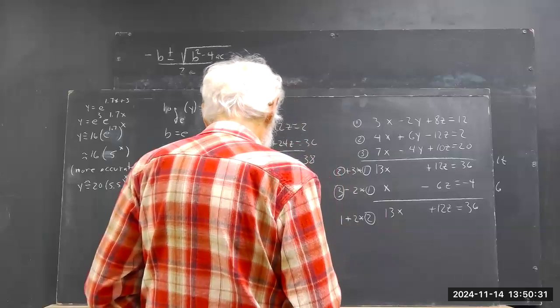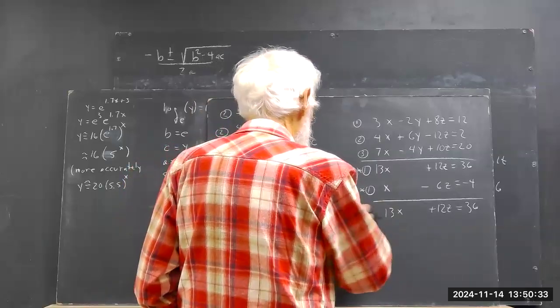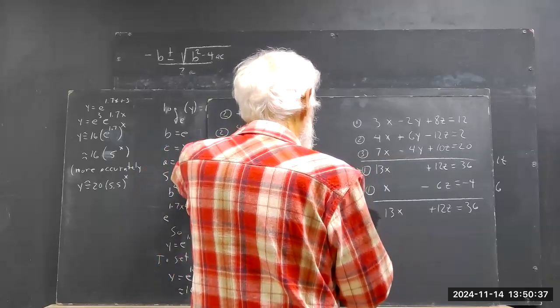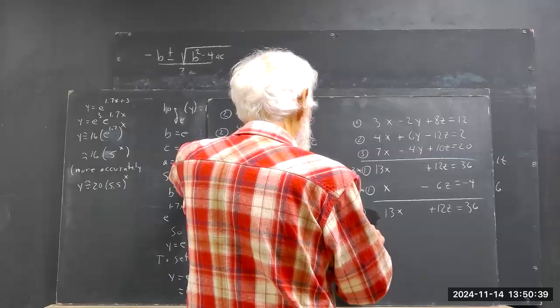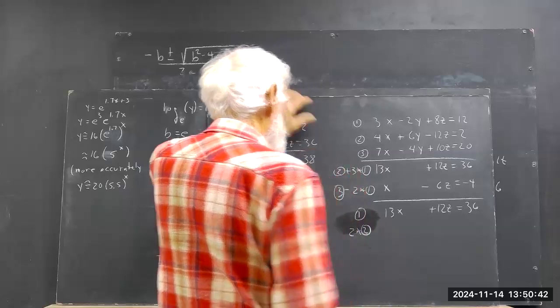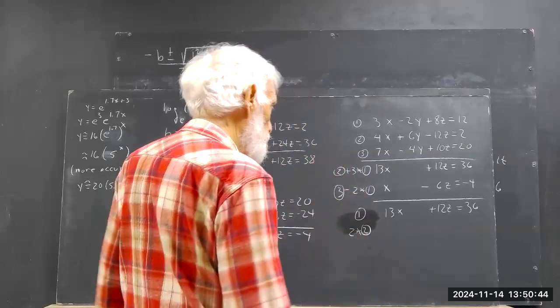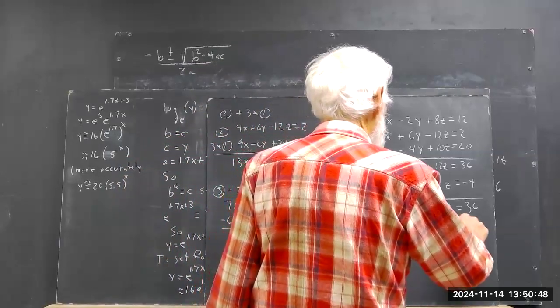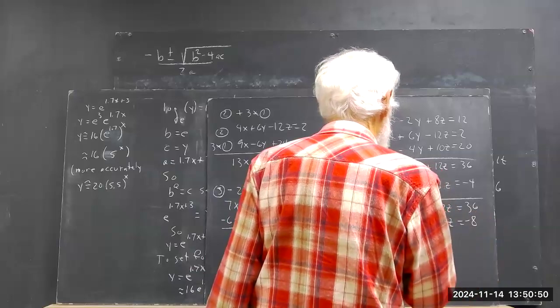And let me write that a little differently. This is an option for how to do it. Equation 1 here, 2 times equation 2 here. There's my 2x minus 12z equals negative 8.